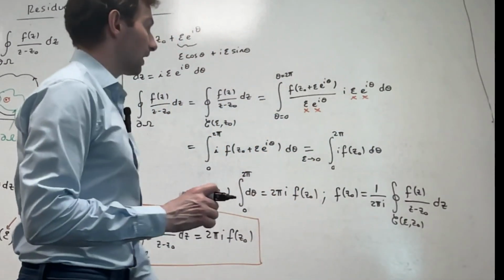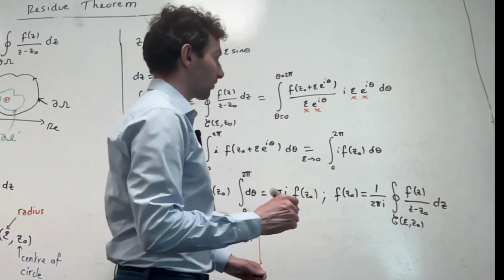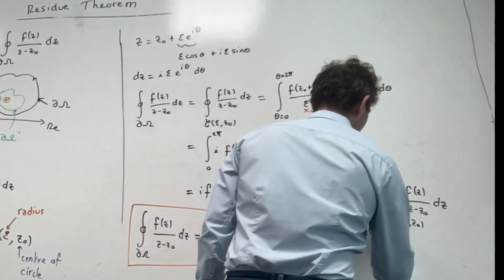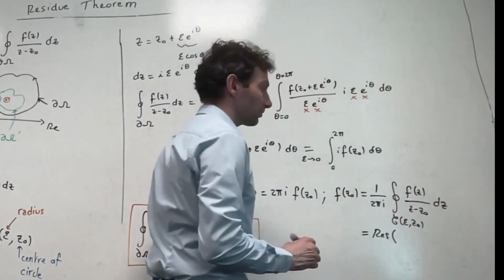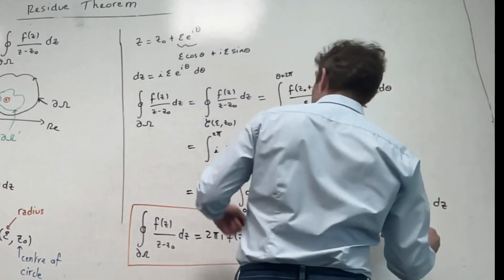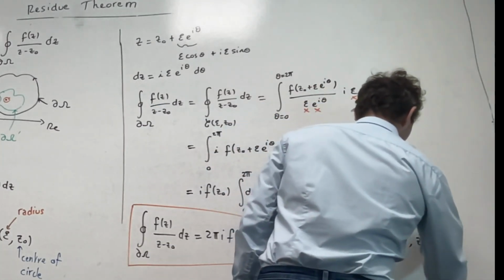Okay, and then you simply interpret this, you call that the residue. So that's actually the residue of g at z0.